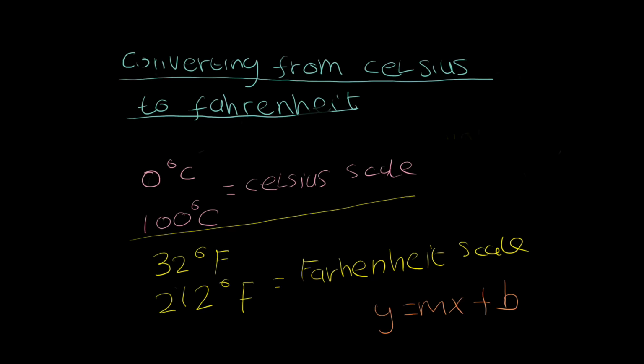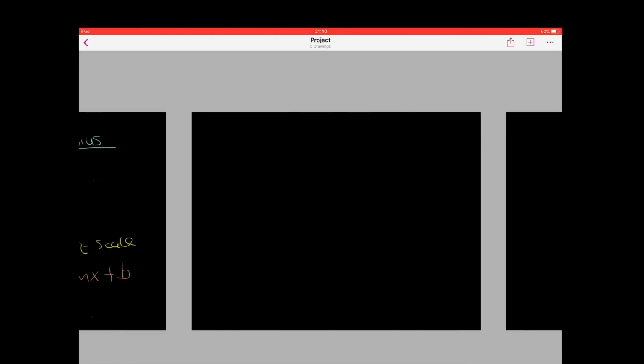So let's get the ordered pairs. The first pair that will be related is these two, because the relationship is for water. Both of these are the freezing point of water, and both of these are the boiling point of water.